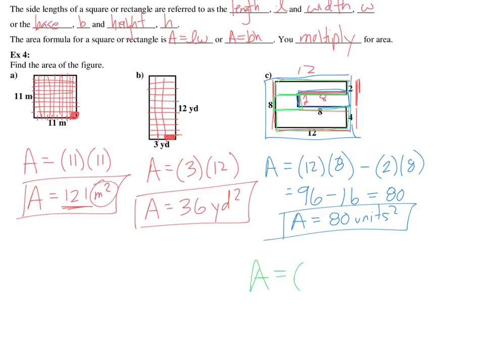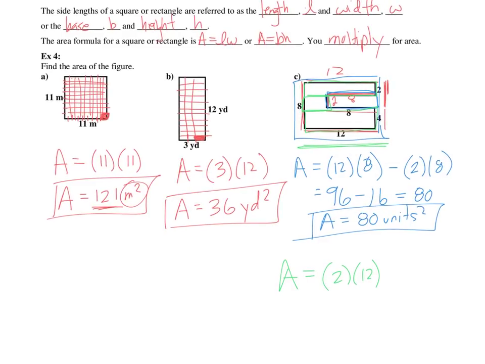So the area of the top rectangle is 2 times 12. The area of that middle rectangle is 2 times, well, I have to do a little thinking to figure that out. This is 12 all the way across, and this is 8, so that has to be 4. That little piece here has to be 4.